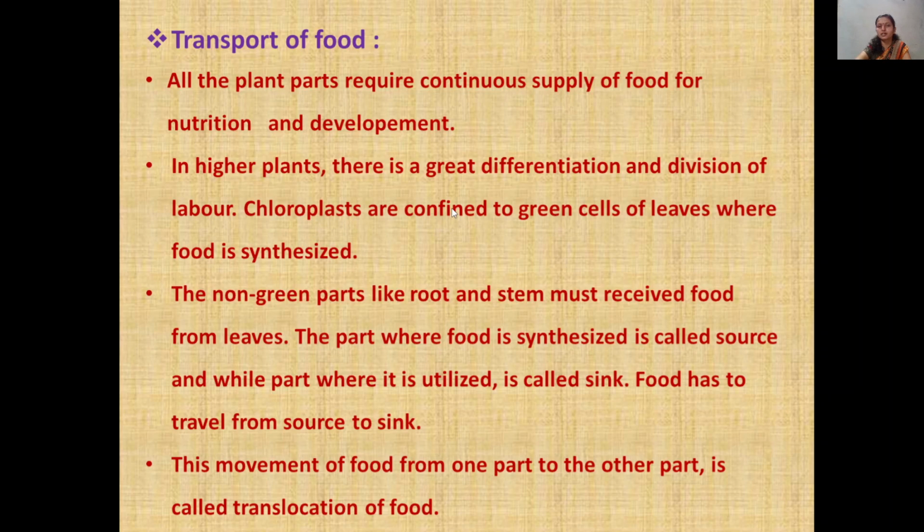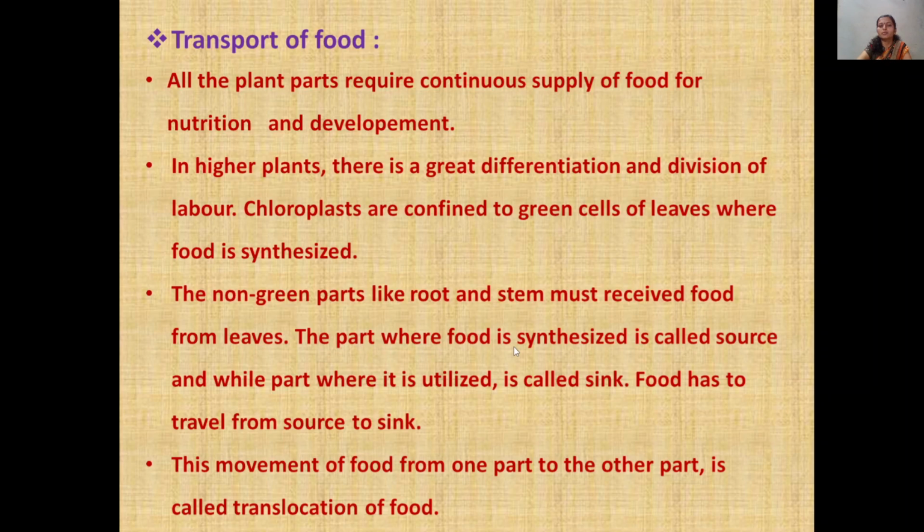Chloroplasts are confined to green cells of leaves where food is synthesized. The non-green parts like root and stem must receive the food from leaves.